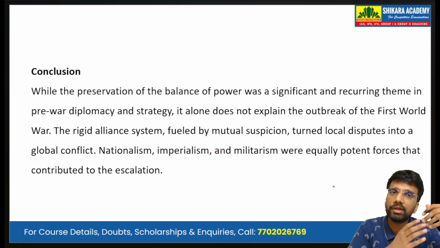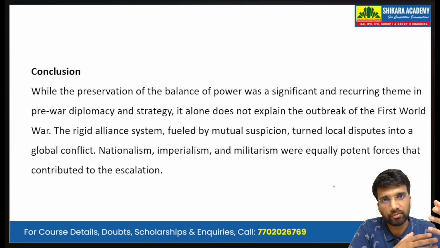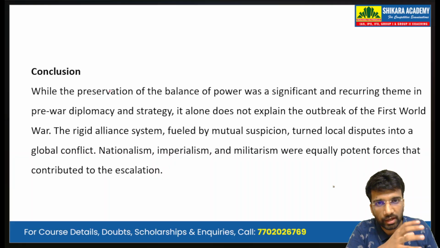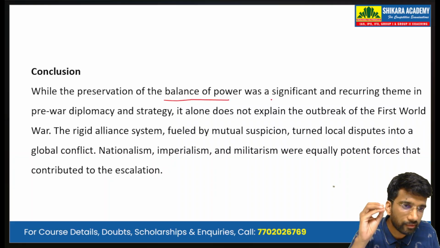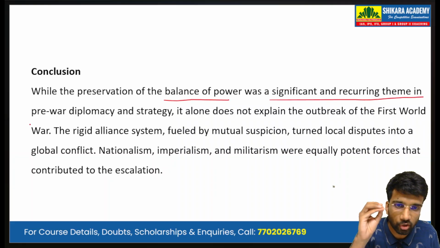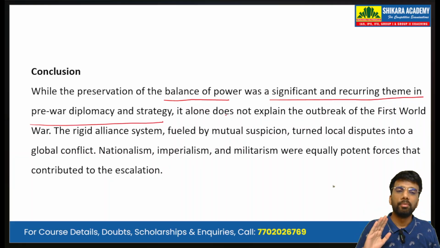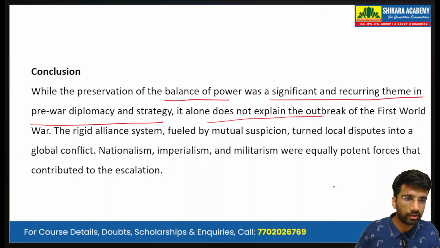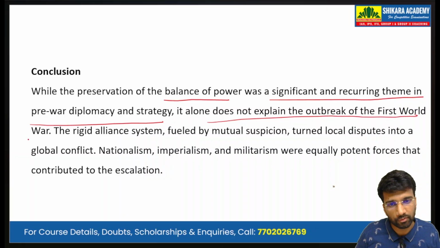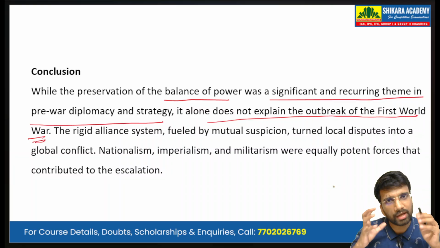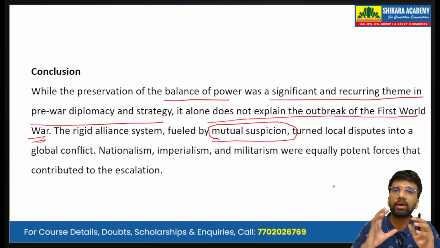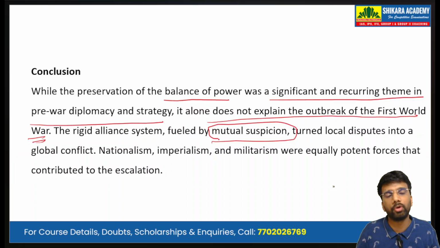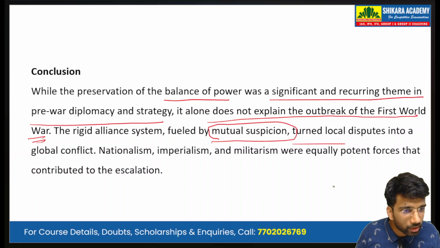After discussing the various causes of World War One, now we write the conclusion. While the preservation of balance of power was a significant and recurring theme in pre-war diplomacy and strategy, this alone does not explain the outbreak of the First World War. The rigid alliance systems, fueled by mutual suspicion, as there was a lack of trust in the entire continent at that point of time, turned local disputes into global conflict.